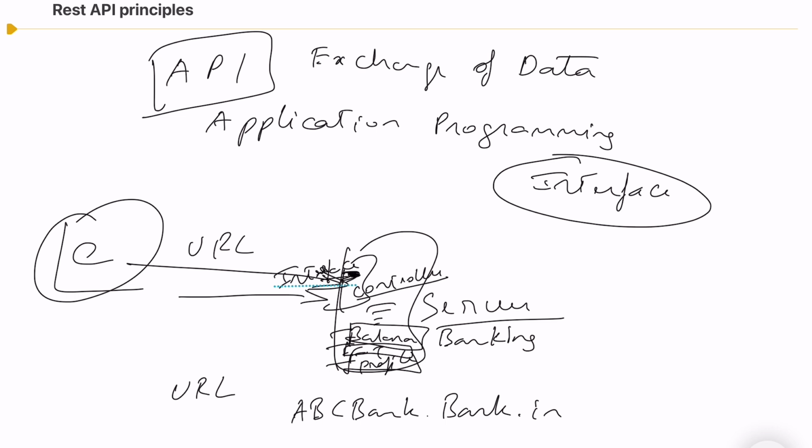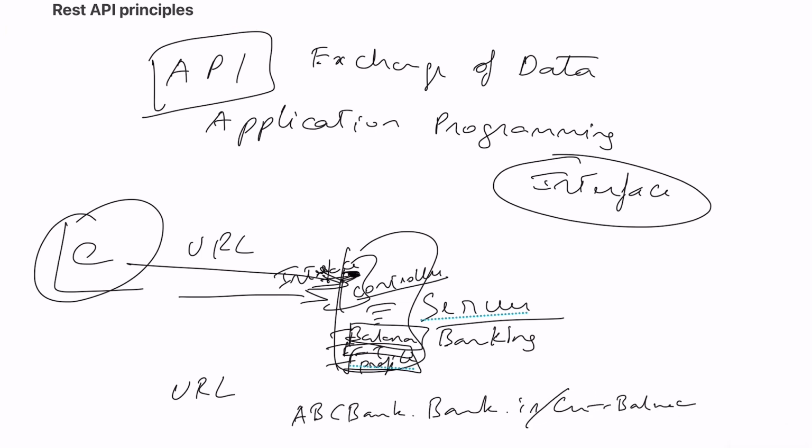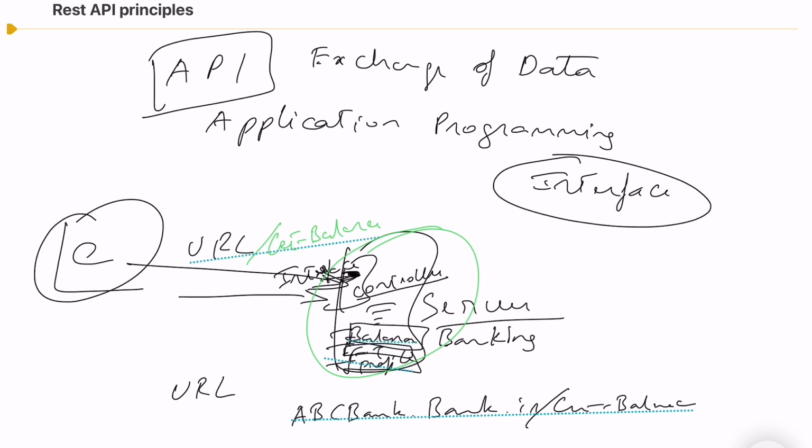So these interfaces are actually having something like this: slash, let's say, get balance. If the client enters in the URL, and after the URL there is written get balance, then this controller will understand that it is trying to fetch the balance from the database, and accordingly it will connect and respond.